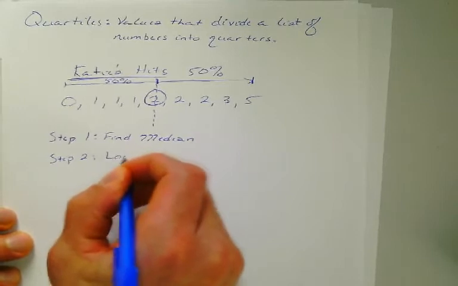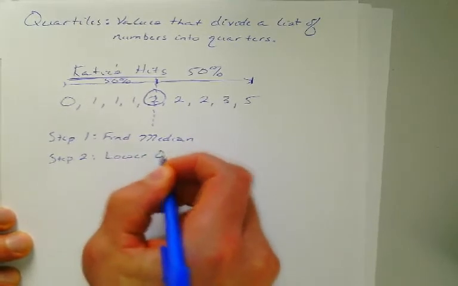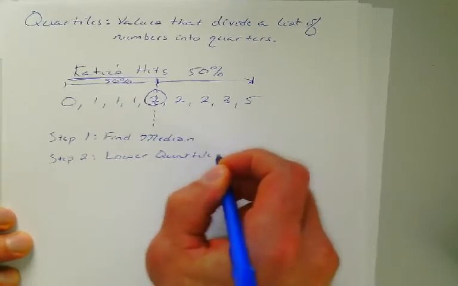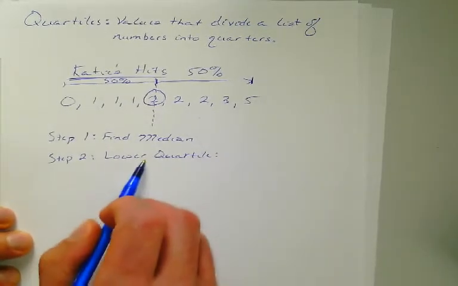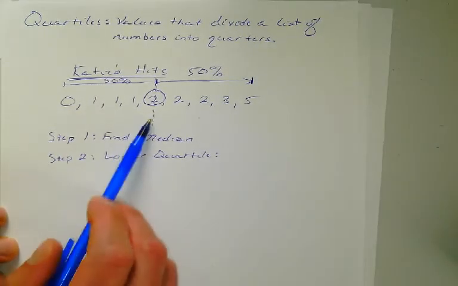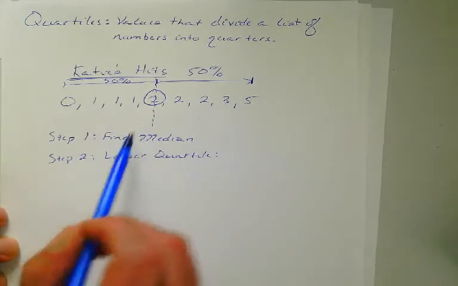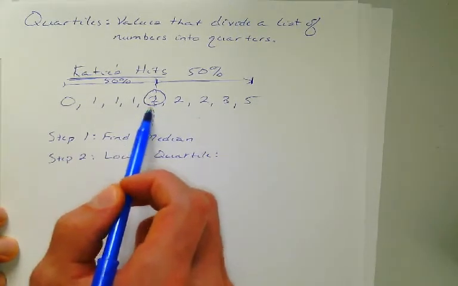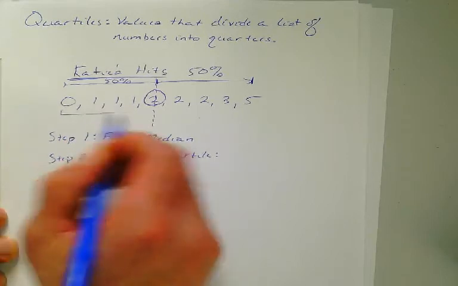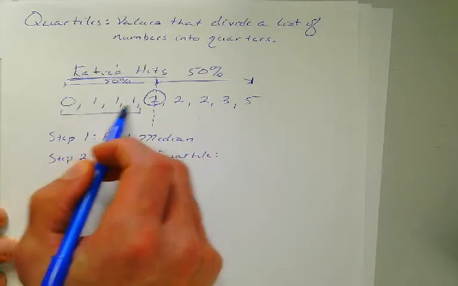Let's deal with the lower quartile, or quartile 1. To find the lower quartile, you take the median below the median. So really what I need to do is find the middle of all the values less than my median. I'm going to look at these 4 terms here: 0, 1, 1, and 1.